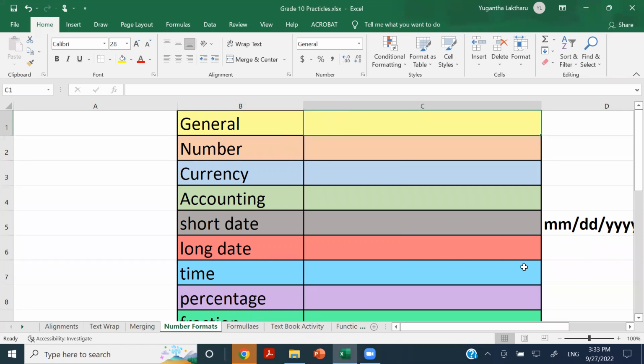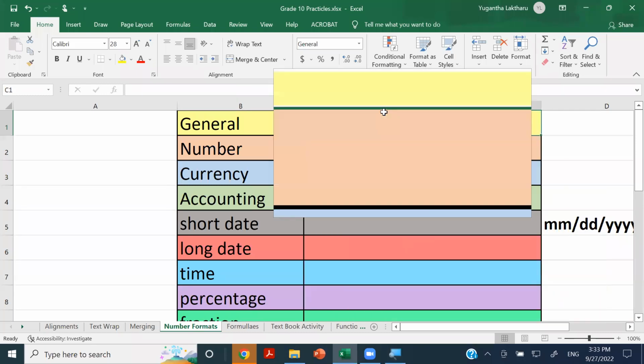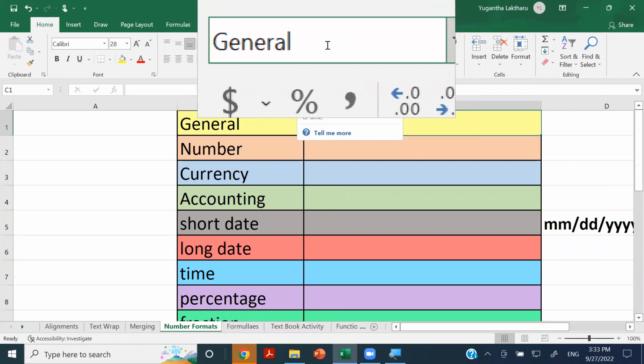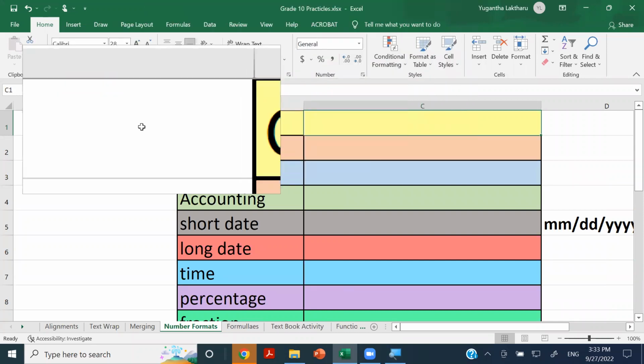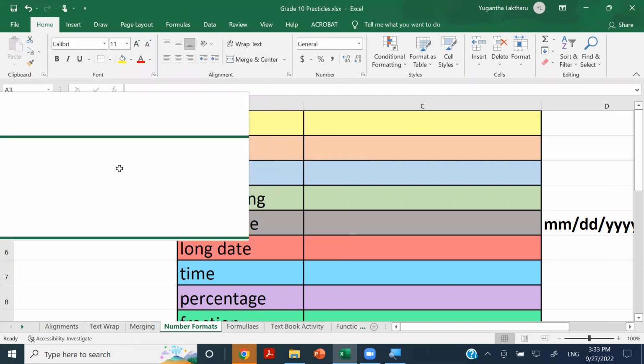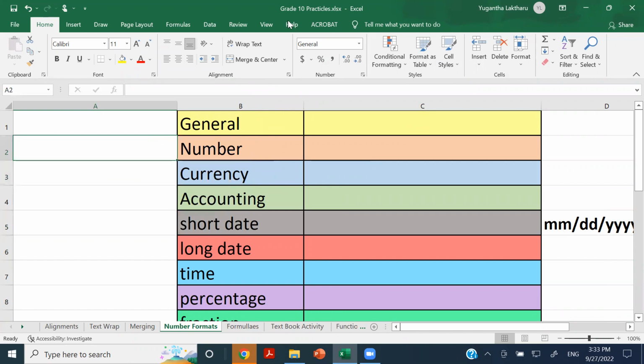What you have to concentrate on is the number format type that you can see over here. It says General. If you select any particular cell, the number format it contains is called General.